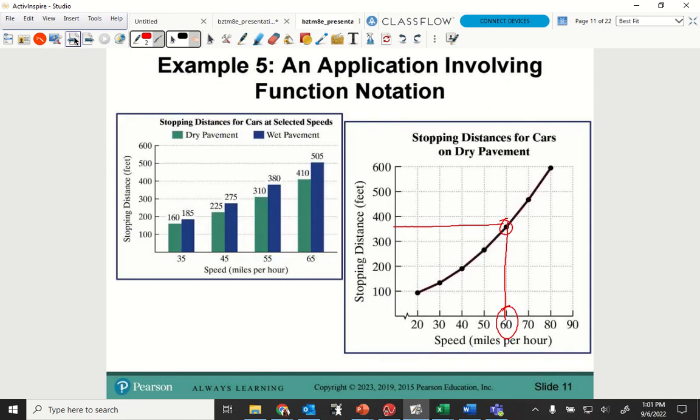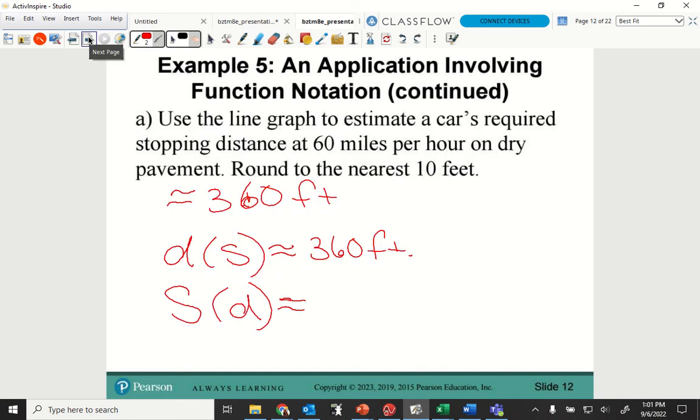So if I go back and use my distance right here, I come over here and come down here to find the speed. So this is the inverse of the function. I'm rewriting it to get other information out of it. And that was 60 miles per hour.